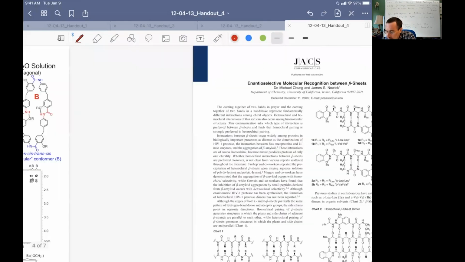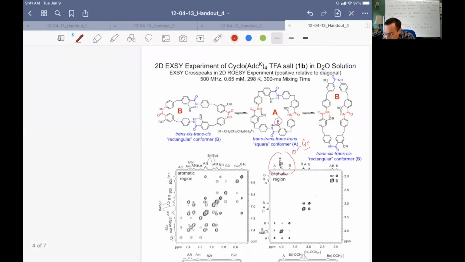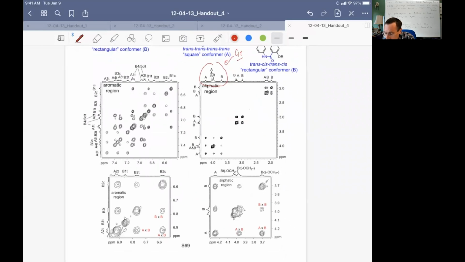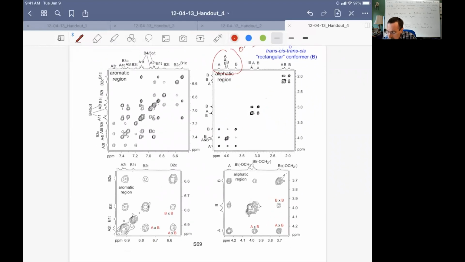And so, where's his expansion here? It's down here. That's what I was going to do. So down on the bottom here, we're going to focus in on this resonance here. And so we're focusing in on this region over here. I think that's probably the easiest to do in this complicated spectrum.